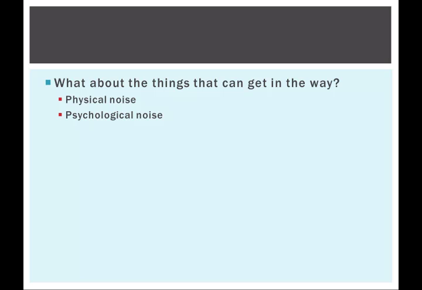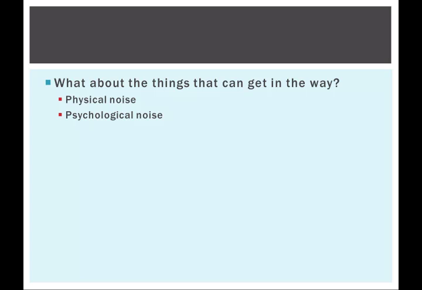So physical noise is, again, that outside or external noise that can come in and inhibit the message from being effectively relayed. So on the sender's end, a sender could have physical noise like people around him or her talking, horns honking, loud objects that are falling or going overhead like an airplane. If you're in the car, there's a lot of noise that will be surrounding you that is, again, audible.